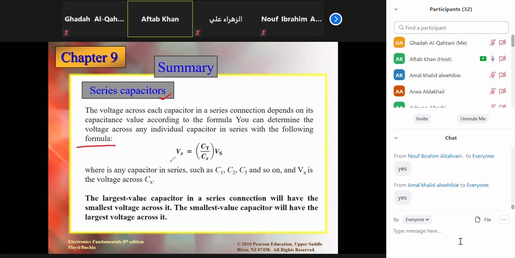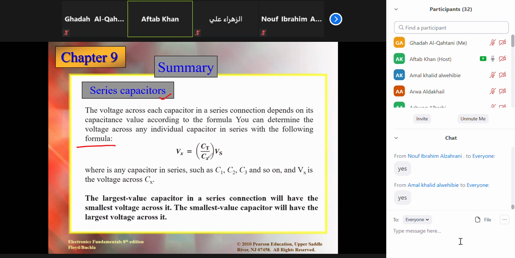So what is this formula? Vx equal to Ct over Cx times Vs. Ct is total capacitance. So you need to calculate the total capacitance first, divided by the capacitor across which you want to calculate the voltage. It is basically the general formula.